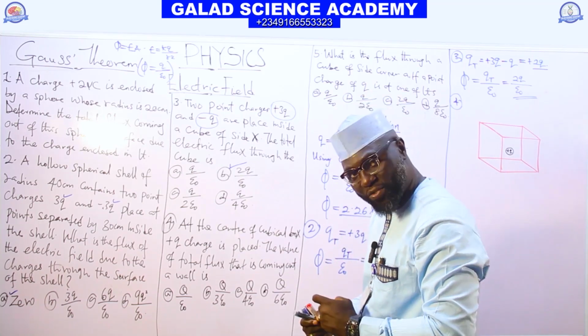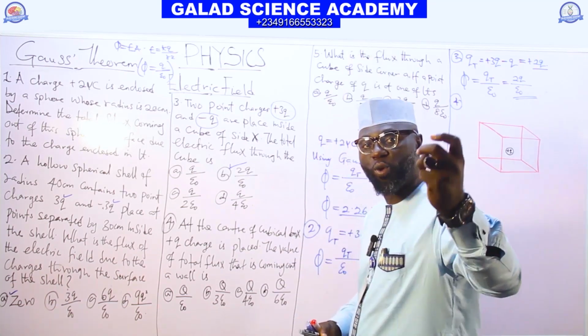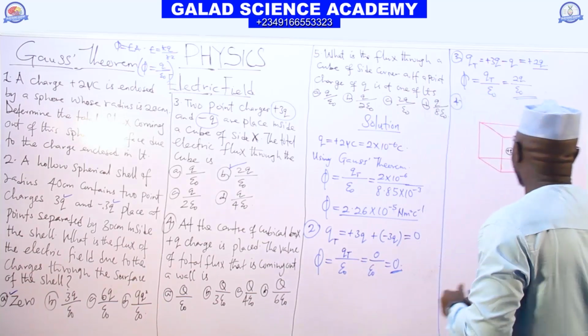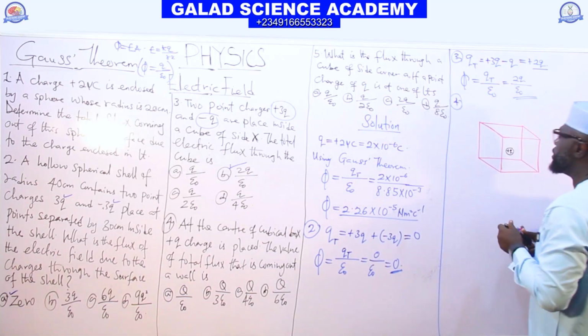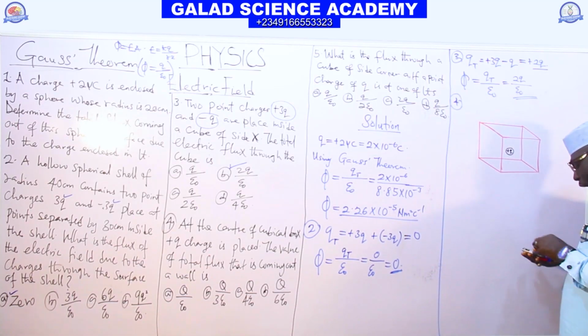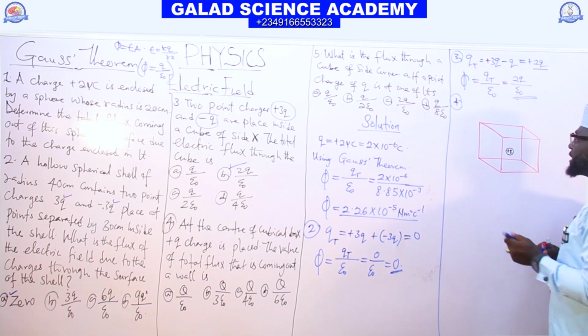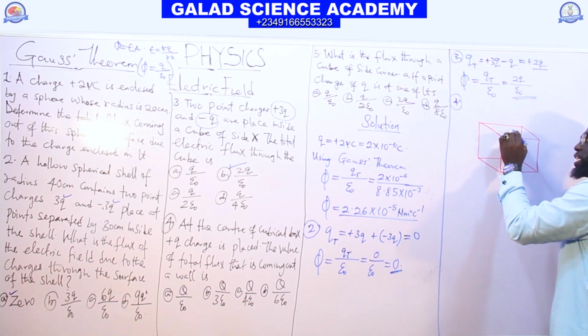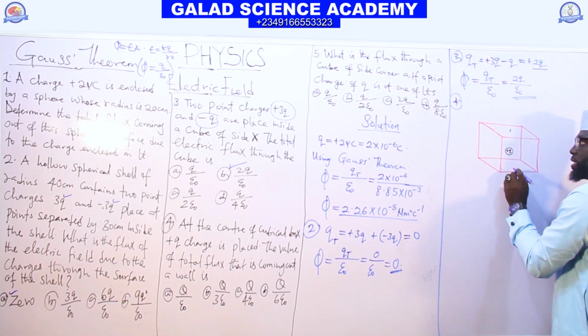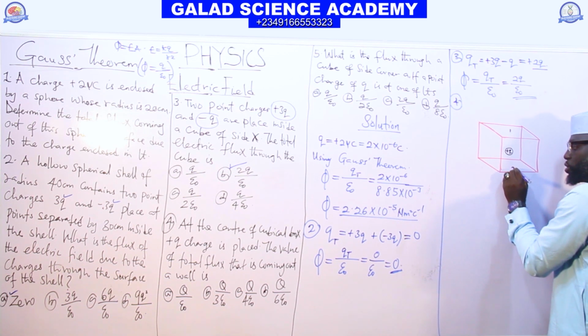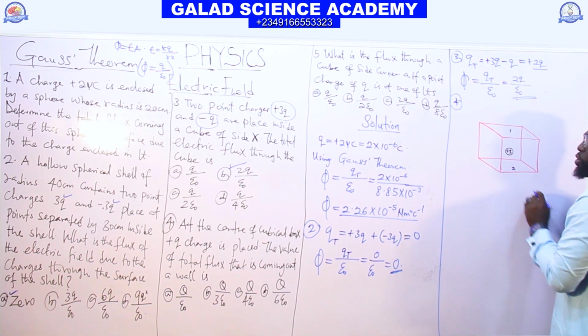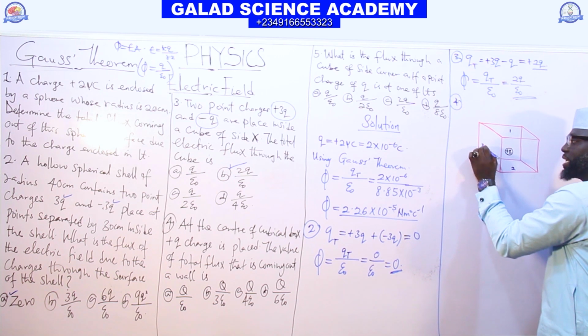What is flux? The field lines that are coming out from the cube. If you look at this cube, how many faces does a cube have? Let's check it. This is up, 1. This one is down, 2. This side is 3.